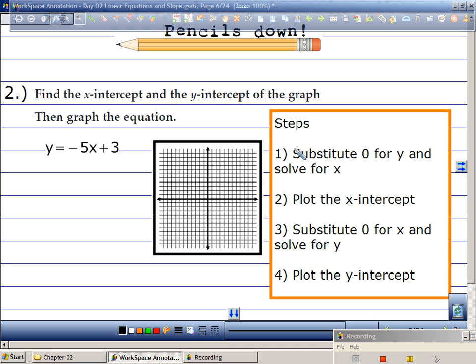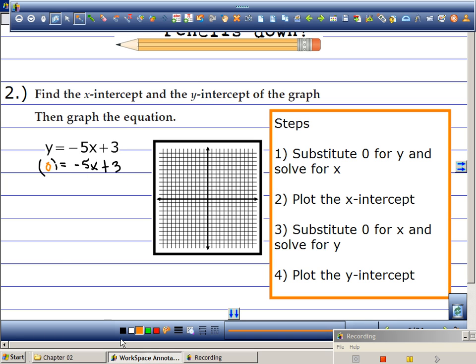So find the x-intercept, the steps. Substitute 0 for y and solve for x. So that's what I'm going to do. I'm going to substitute in 0 for y and solve for x. So if y was 0, then I would have 0 equals negative 5x plus 3.